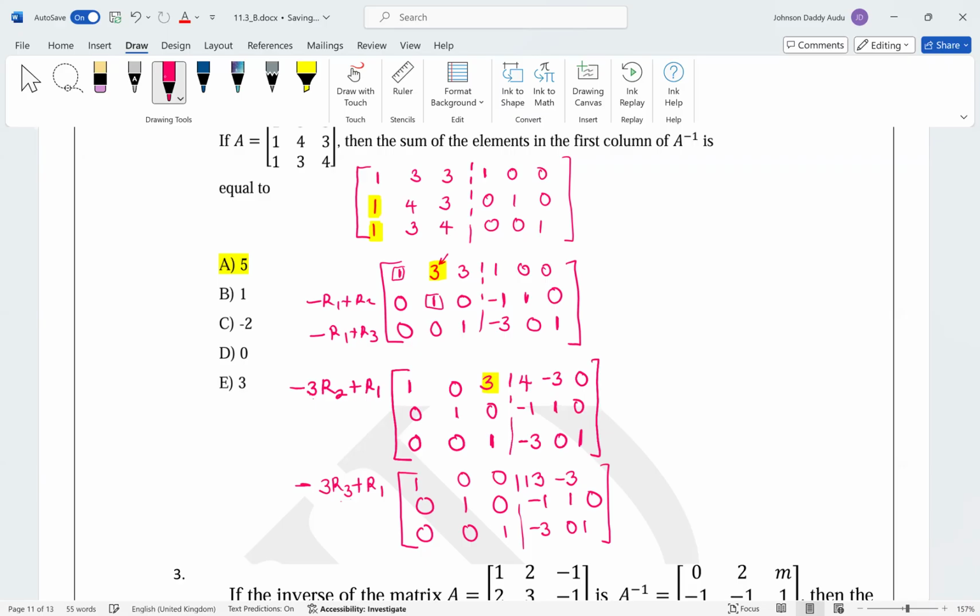So minus 3 plus 0, still minus 3. Find the sum of element in the first column of A inverse. So definitely something is wrong somewhere because we are not getting the right answer. So let's try to figure out what the problem is.